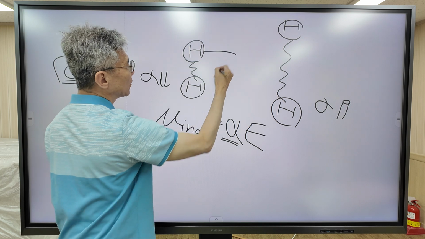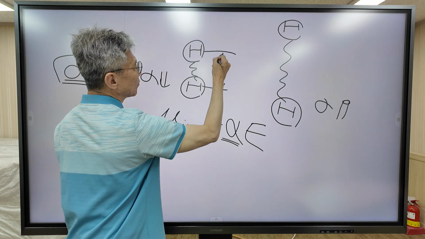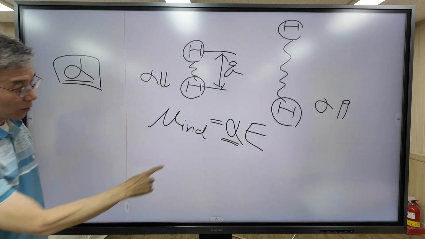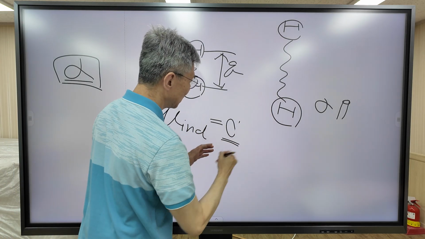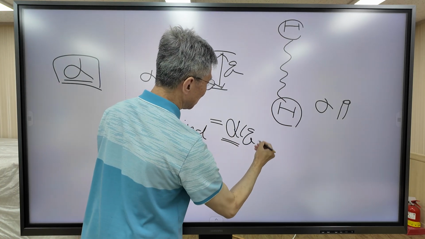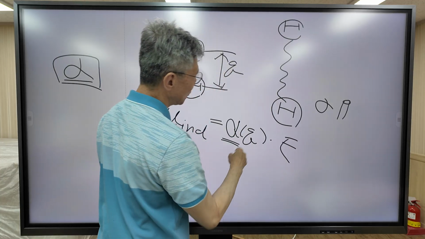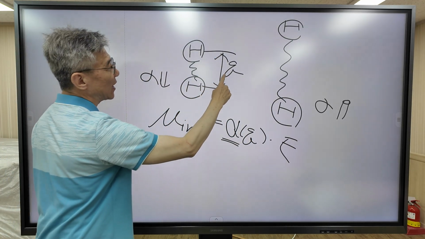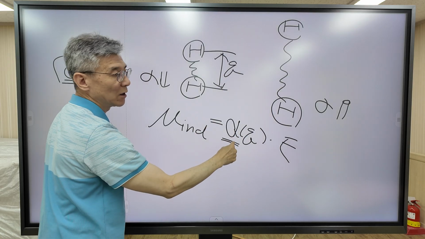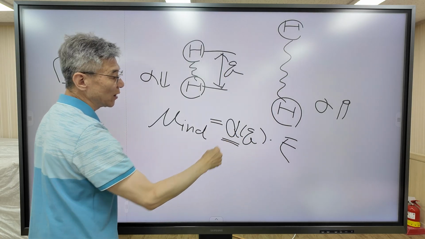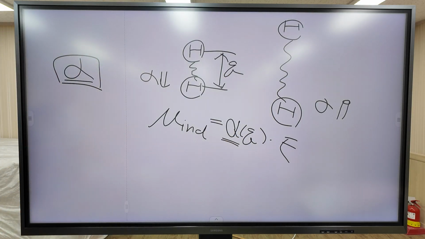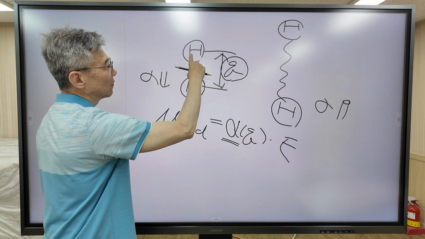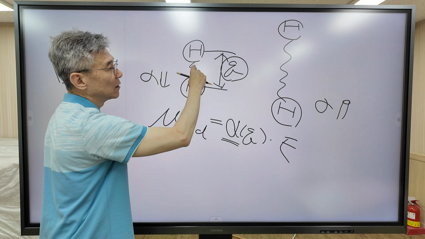Now I'm going to define Q. Q is the distance between two atoms. So polarizability depends on Q. When Q is large, polarizability increases. When Q is small, polarizability is small. And Q is oscillating because the molecule undergoes vibration.